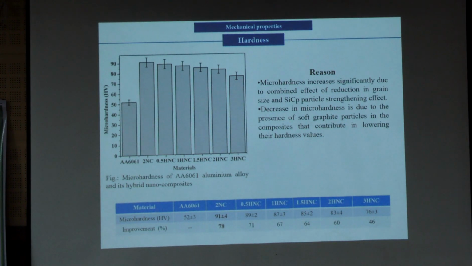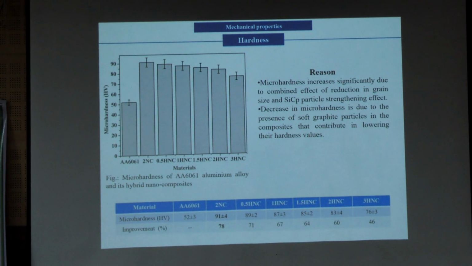Because the SiC properties are different, the graphite properties are different. Why we are going for this is to get a combination of better strength, better hardness and wear resistance. If you want to improve the wear resistance, or reduce the coefficient of friction, then we have to sacrifice some percentage of hardness or strength.